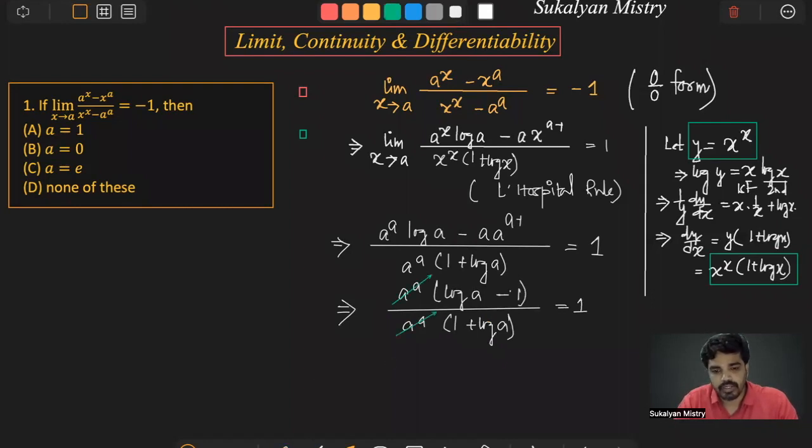So that means log a minus 1 is 1 plus log a, sorry, look, here the minus 1 is there, sorry, this is minus 1.